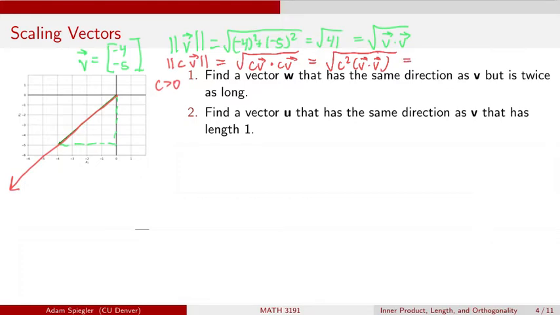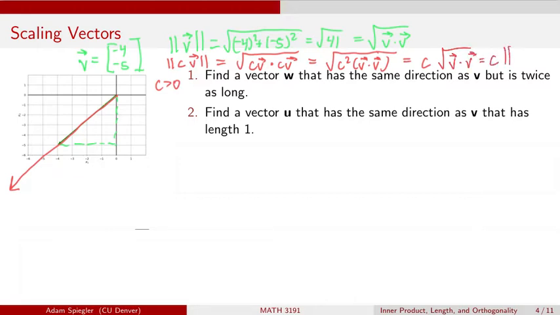And now I can pull the c out from inside the square root, and normally we would have to put an absolute value sign here, but we are assuming c is bigger than 0. So out comes the constant c, and we still have inside here v dotted with itself.